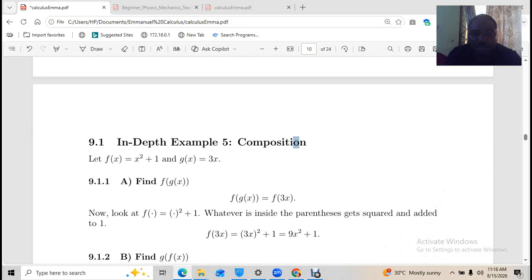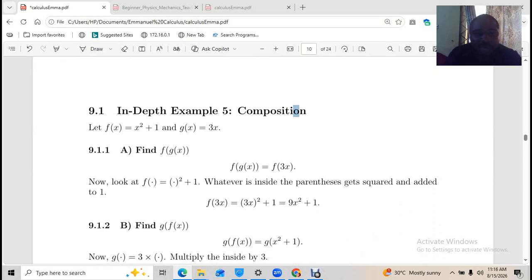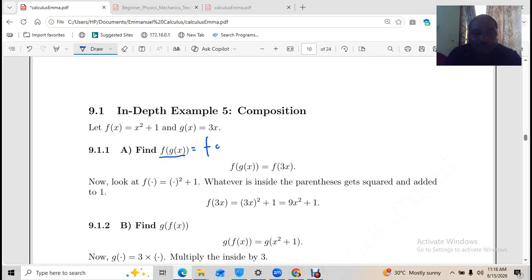So let's pick an example. You can see here we have two separate functions, f of x and g of x. How can I find f of g of x? It's very simple.